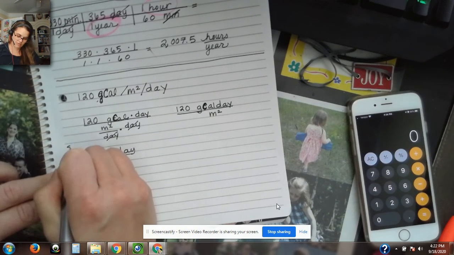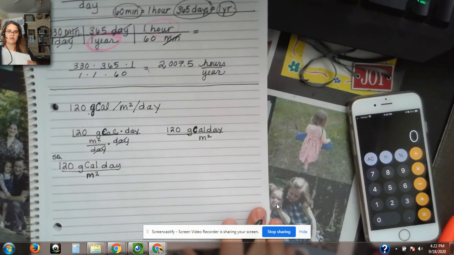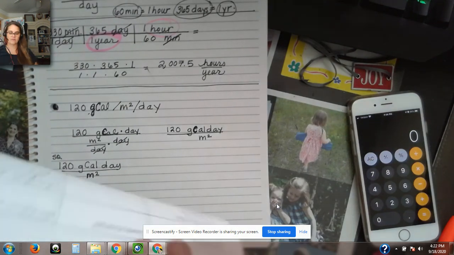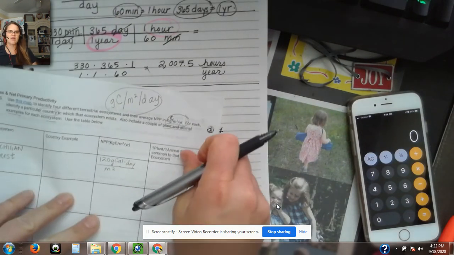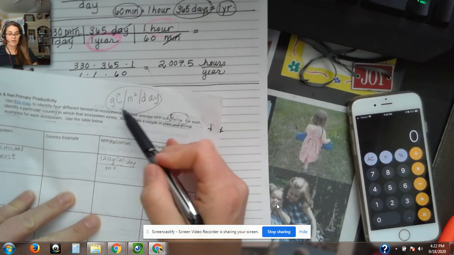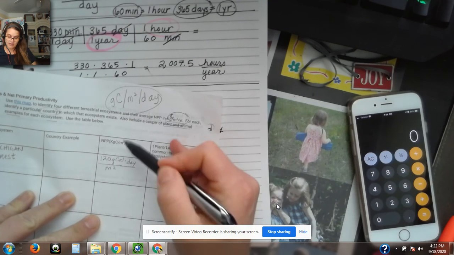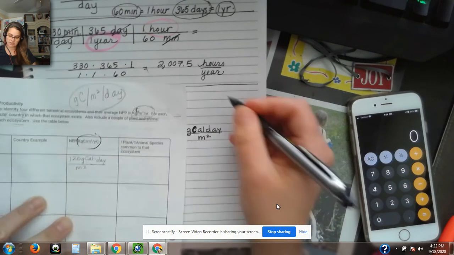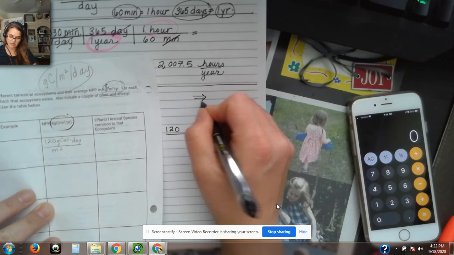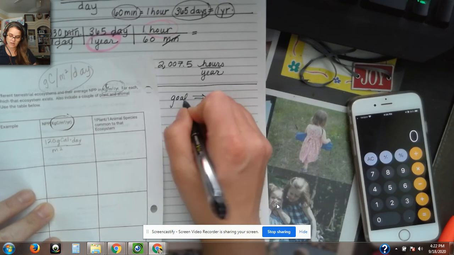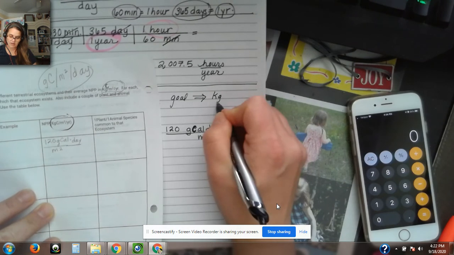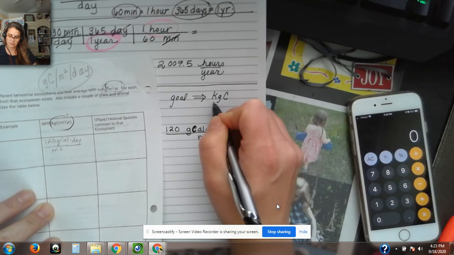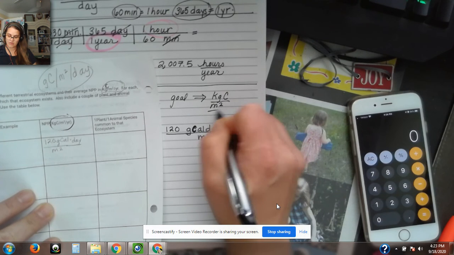That's my starting quantity. Now the problem on here is asking for this unit, so our goal is kilogram cal per meter squared per year.